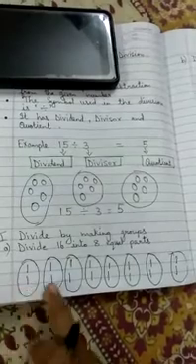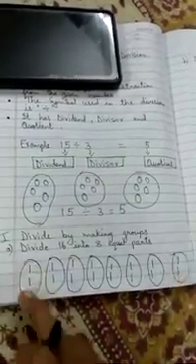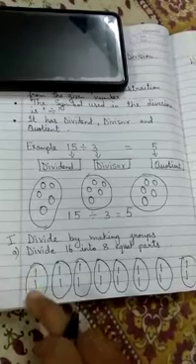So in each group, how many objects are there? Can you see this? In each group, 2 objects are there.